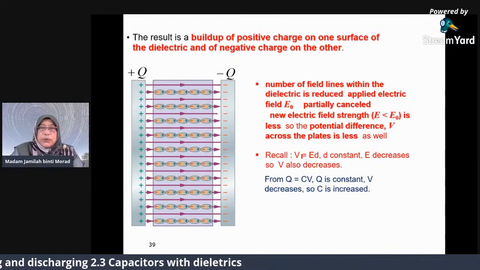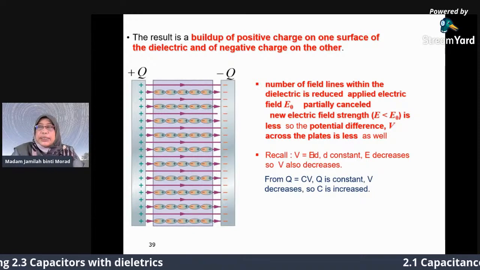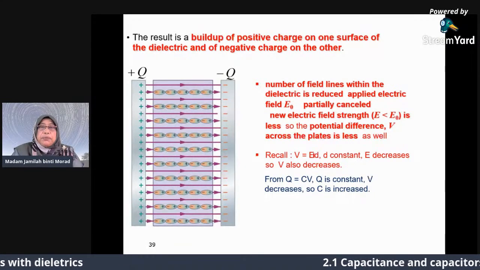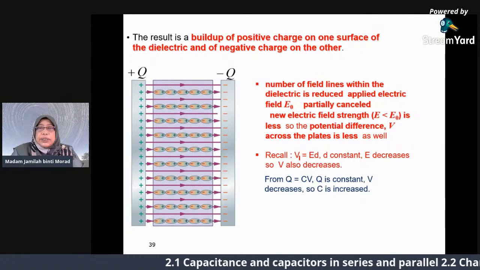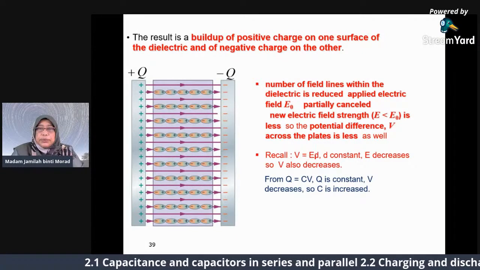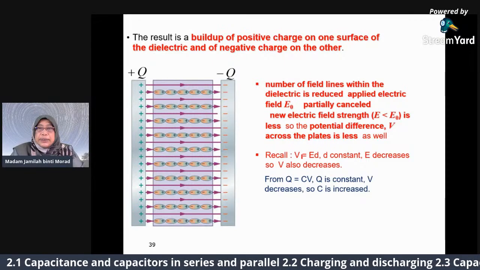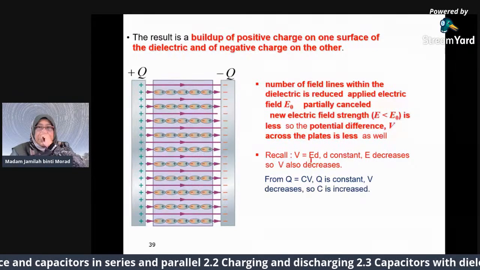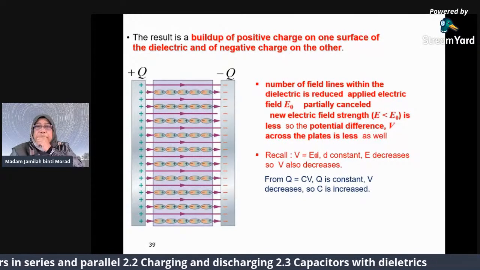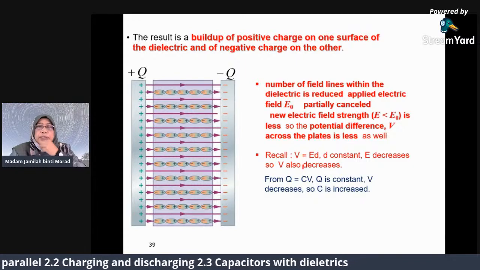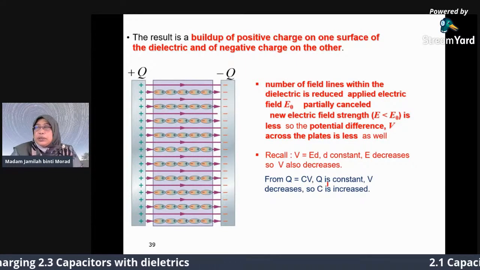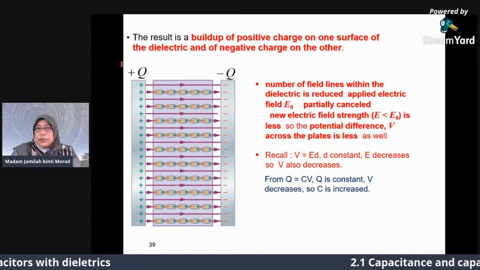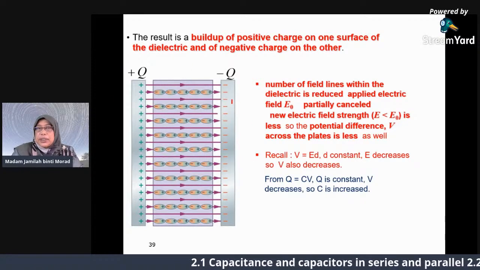So recall the equation V equal to E times D, for a uniform electric field in a parallel plate. You use equation V equal to ED. So V decreases, since E decreases and D is constant. So from Q equal to CV, Q is constant. Q cannot go anywhere, there is no decay.